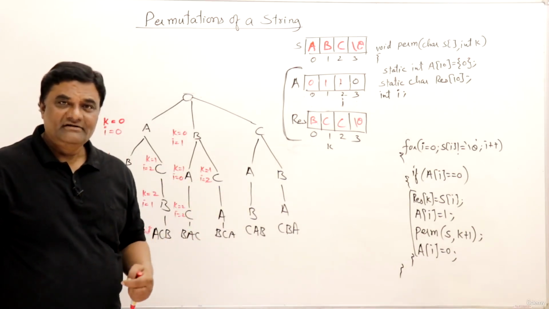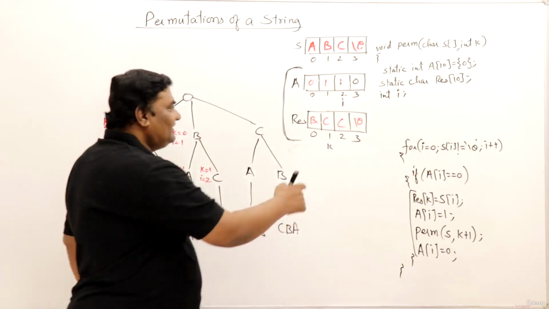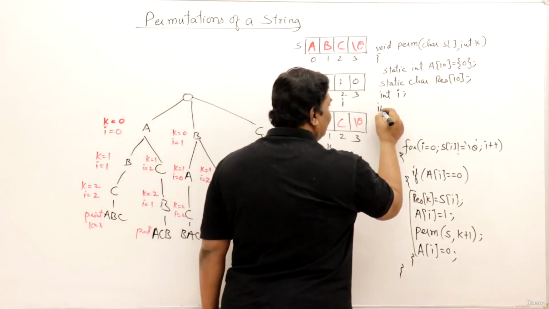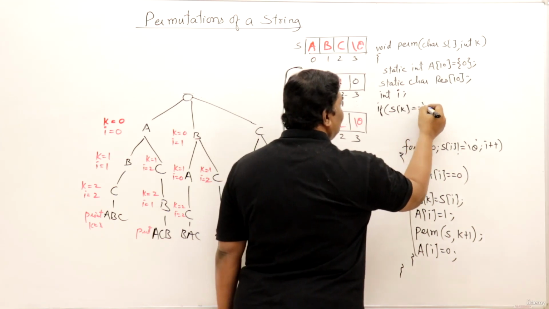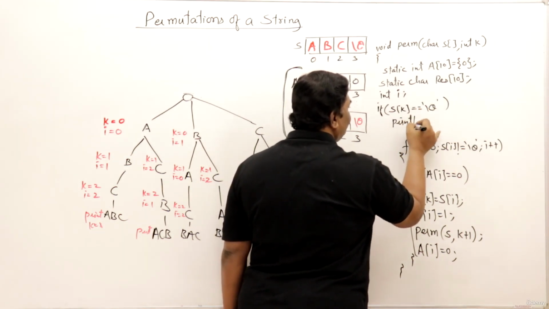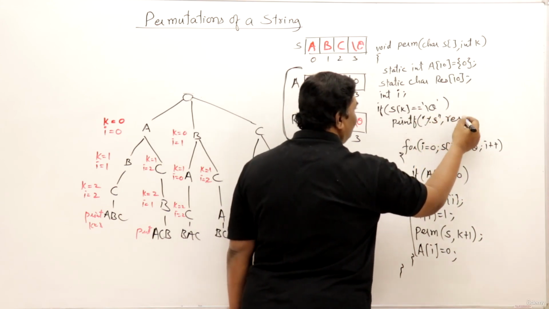Then one last thing. When we have reached K at the last, that is, it is null. At this place it is null. So what to do? Print. So that I will write here. If S of K is equal to the null character, then printf the result. Printf percent S, print the result. Right?